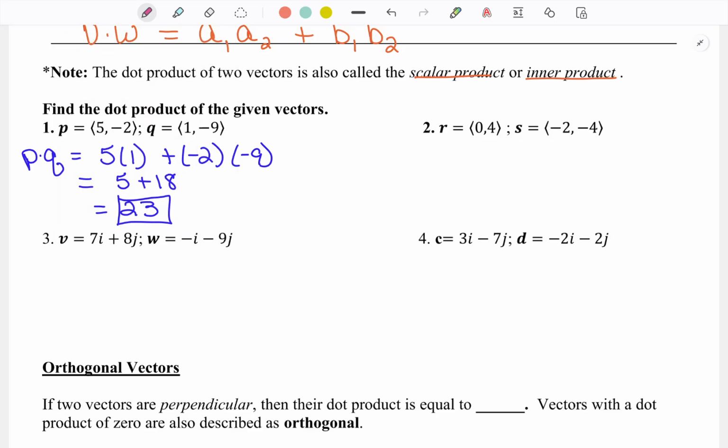Then on number 2, we have r times s. So this gives us 0 times negative 2 plus 4 times negative 4. So this gives us 0 minus 16, which is negative 16.